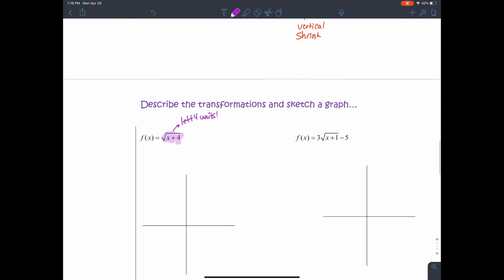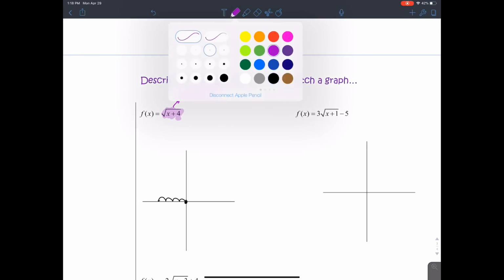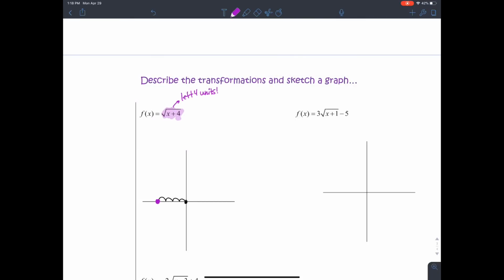And that's it. So instead of the start being at 0, 0, it moved left 4 units. So that new starting point is right here. And then it always has that general shape of the radical. And that's all I'd be asking on this one. So we'd label the starting point at -4, 0, and then we know the general shape.